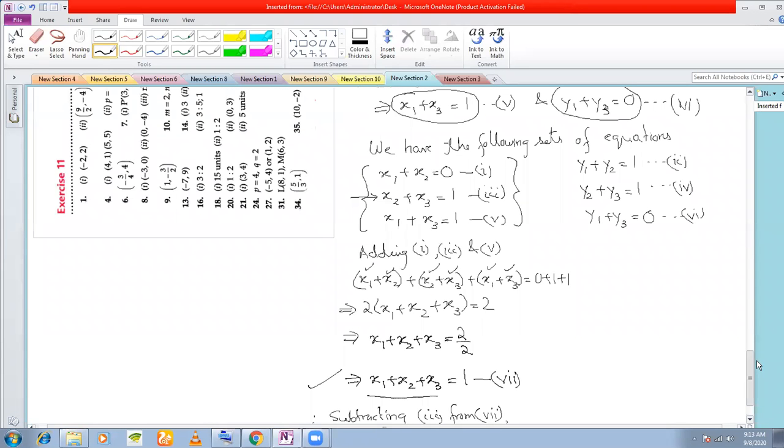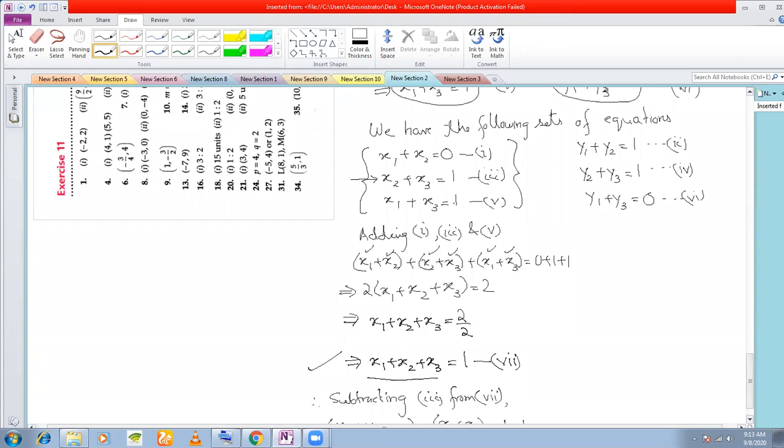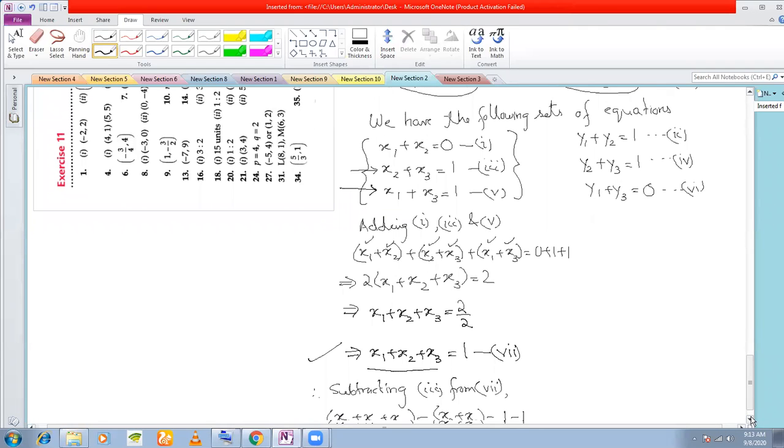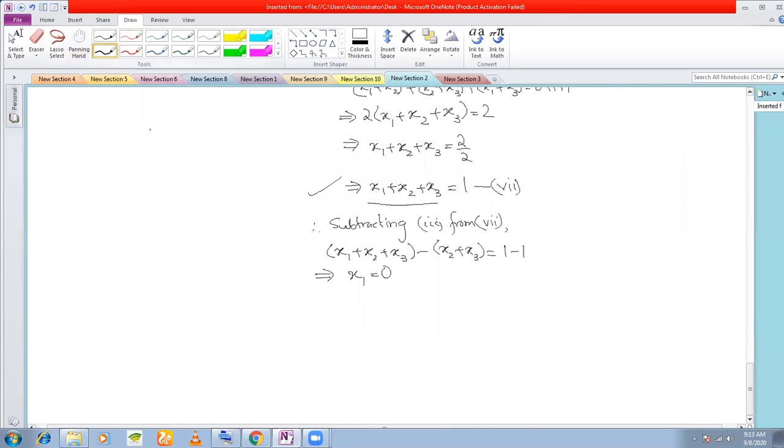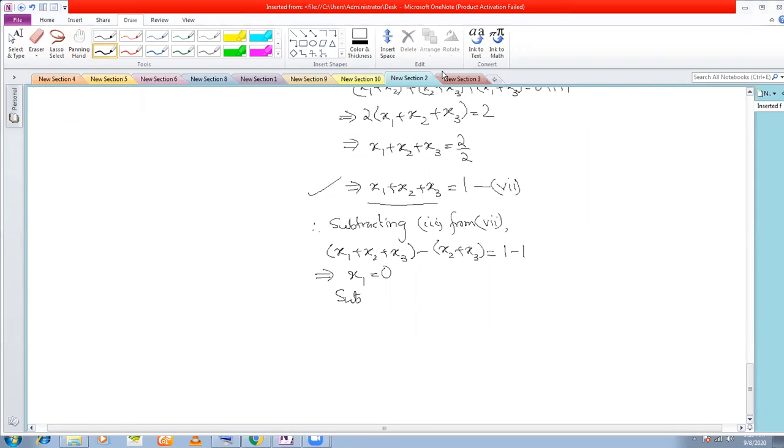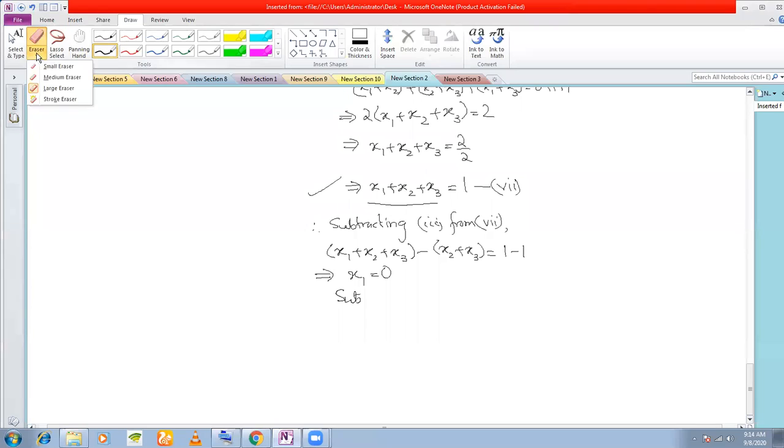Now if we want to find X2, which equation does not have X2? This equation does not have X2, X1 plus X3. So we'll subtract 5 from 7.